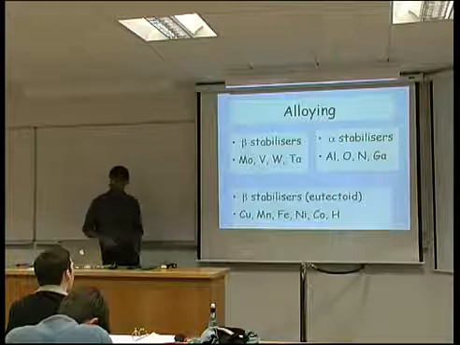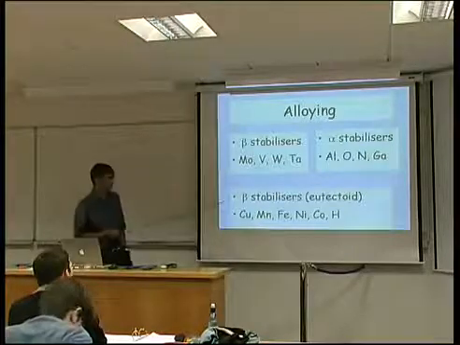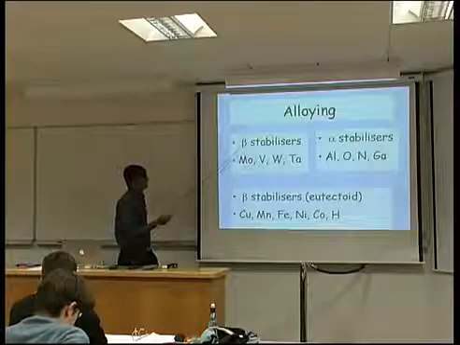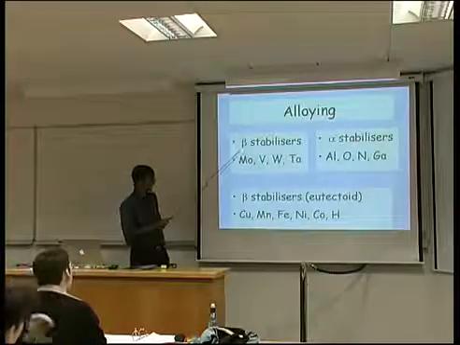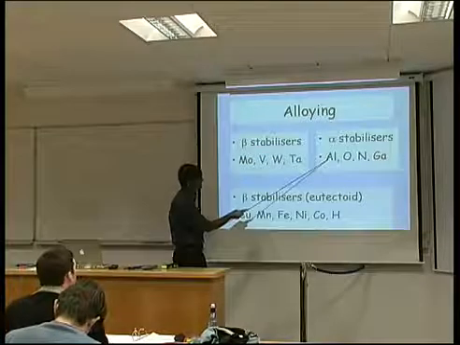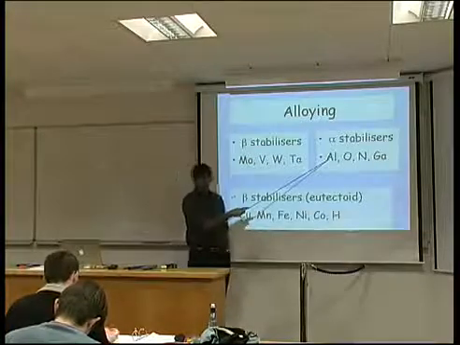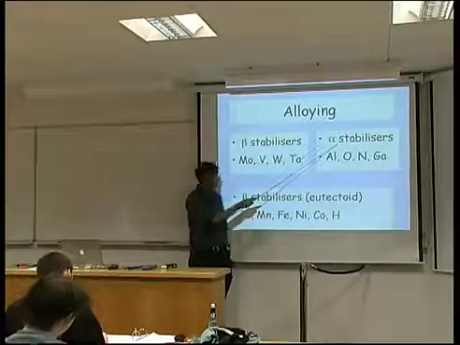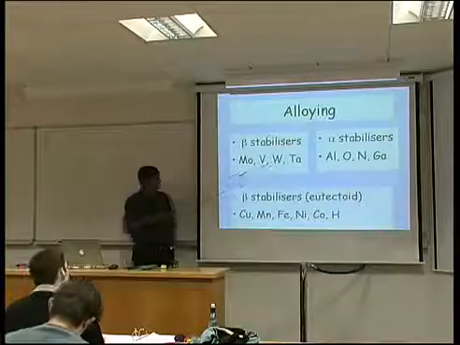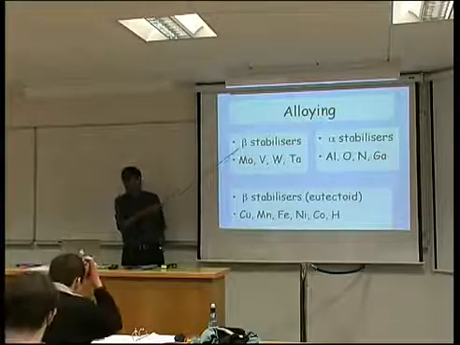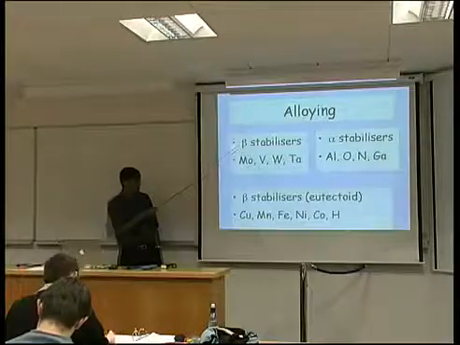So, the most important elements are listed on this slide, remembering that elements like these, which are close-packed, will stabilize the hexagonal close-packed phase of titanium, and elements like these, which are body-centered cubic in crystal structure, will stabilize the body-centered cubic phase of titanium.